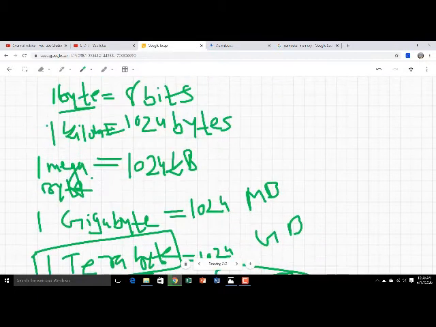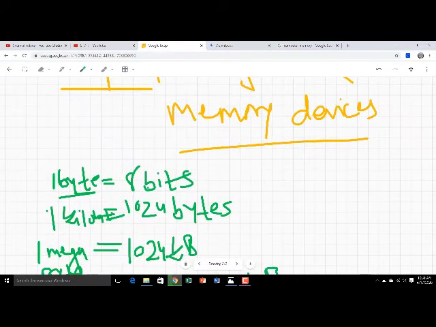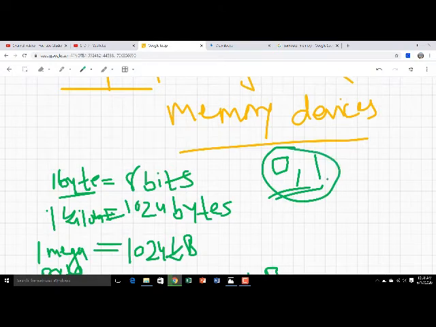These are all memory sizes, and they are stored in bit or byte form. A bit can be 0 or 1. In this form the computer stores our data in 0 and 1 form, which is called bits or bytes.